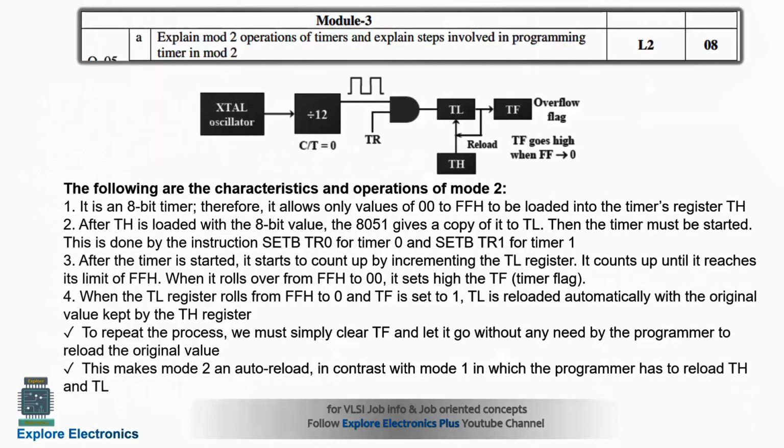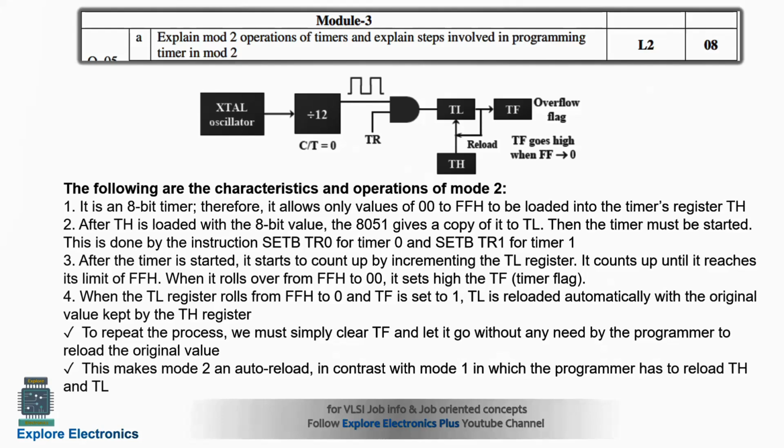This is question number 5A. Explain mode 2 operations of timers and explain steps involved in programming timer in mode 2. So this is the diagram you need to write. Here it is indicating TL, TH registers and the timer overflow also. And these are the following characteristics and operations of mode 2.